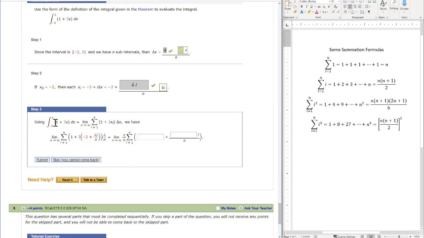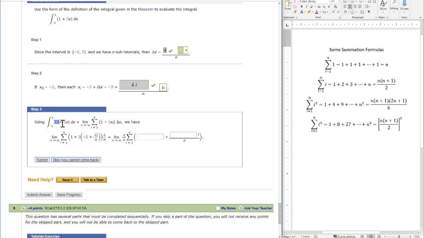Now we're going to use the series expansion for the integral. And it doesn't really matter whether we use the left hand or right hand, because we're going to set up n arbitrary intervals, and then we're going to take the limit as n goes to infinity.